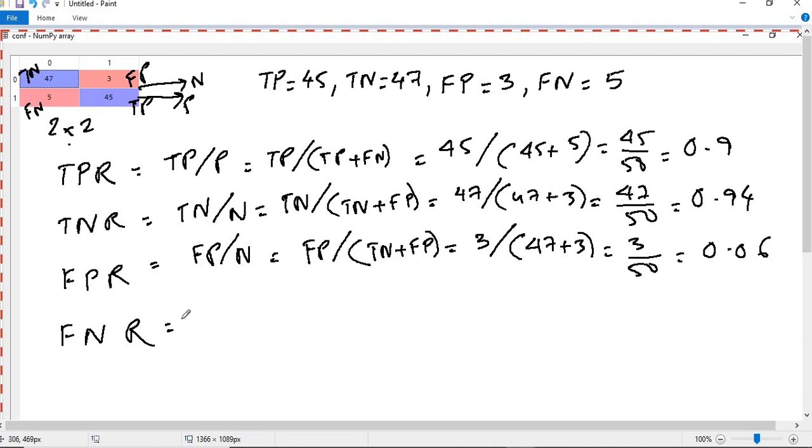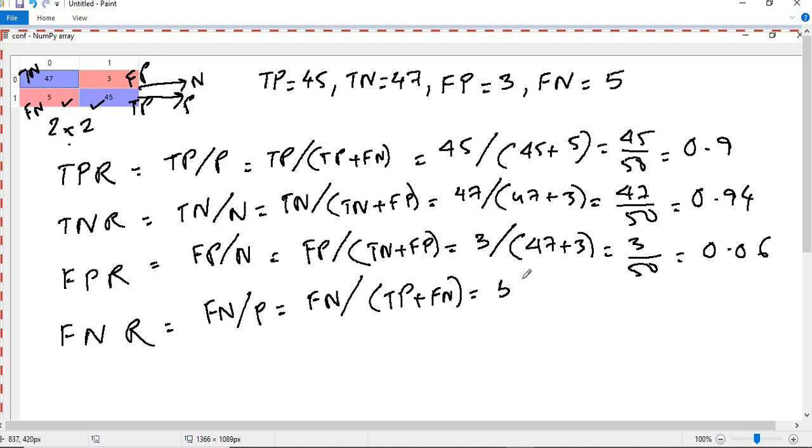Now false negative rate is false negative by total positive. This and this are my total positive, which is true positive plus false negative. Now how much is my false negative?